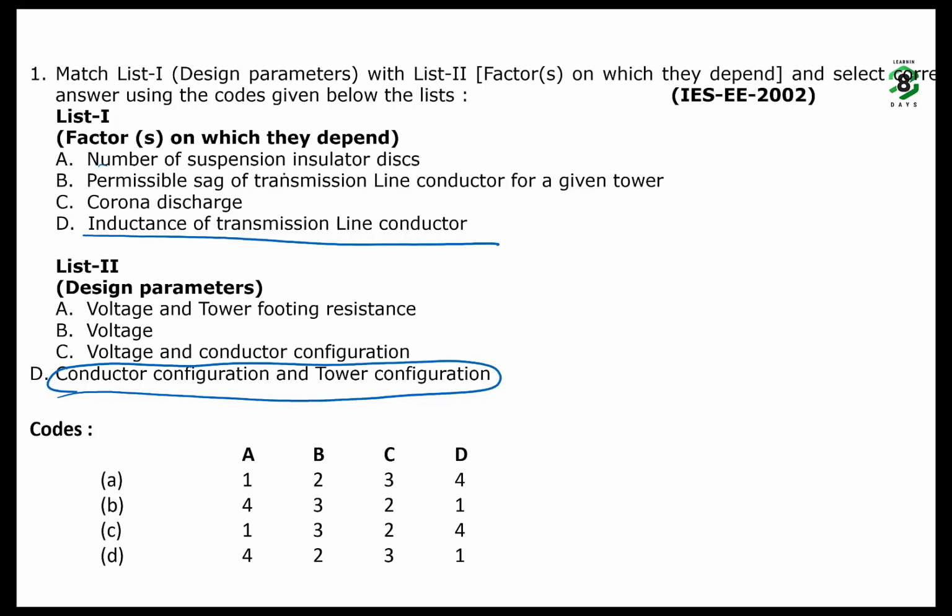Number of suspension insulator discs depends upon the voltage. Next, corona discharge depends upon the voltage and conductor configuration. Permissible sag of transmission line conductor for a given tower depends upon the voltage and tower footing resistance. So which is the right option?